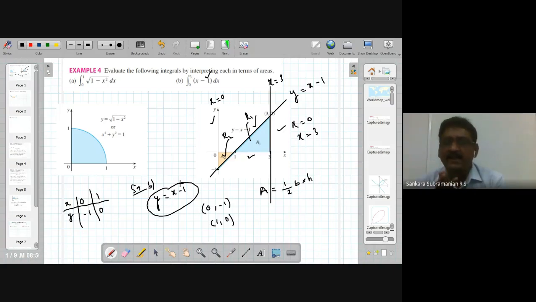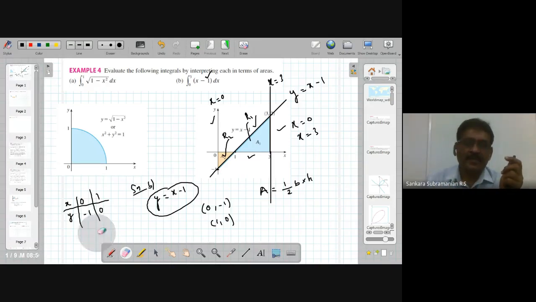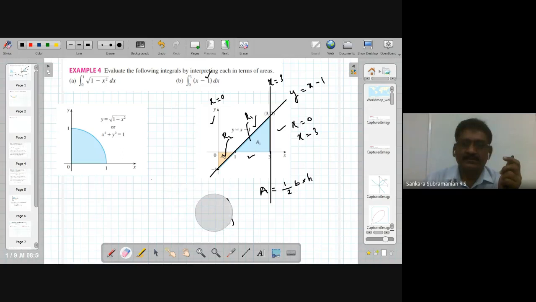So what is the idea we have? The evaluation of the integral in such cases will be the positive area minus the negative area. So A1 minus A2 will be the answer for this problem. All right.